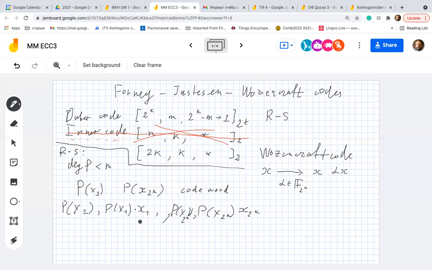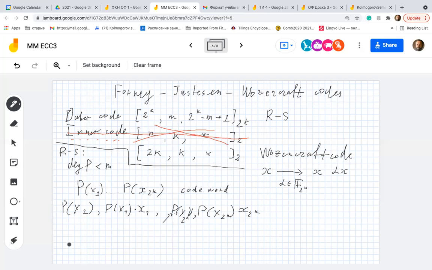In other words, this code word may be described without any reference to the initial outer Reed-Solomon code. For the resulting code, the messages are also polynomials of degree less than m, where each coefficient is considered as a k-letter binary sequence. The code words are the table of values of that polynomial at all points, and also of the polynomial p of x times x.